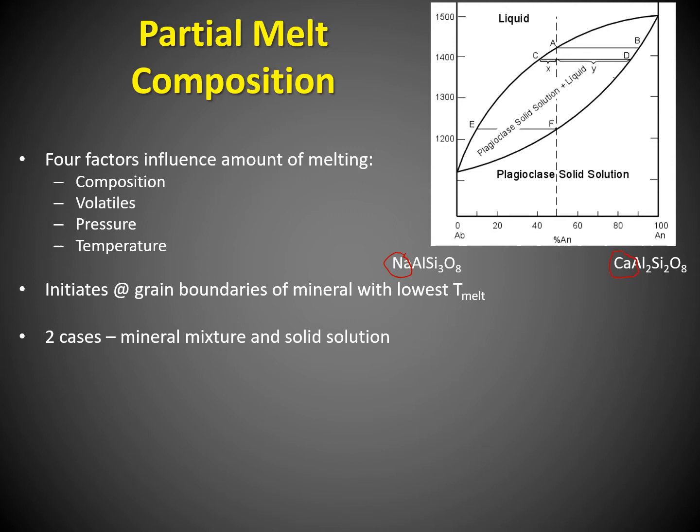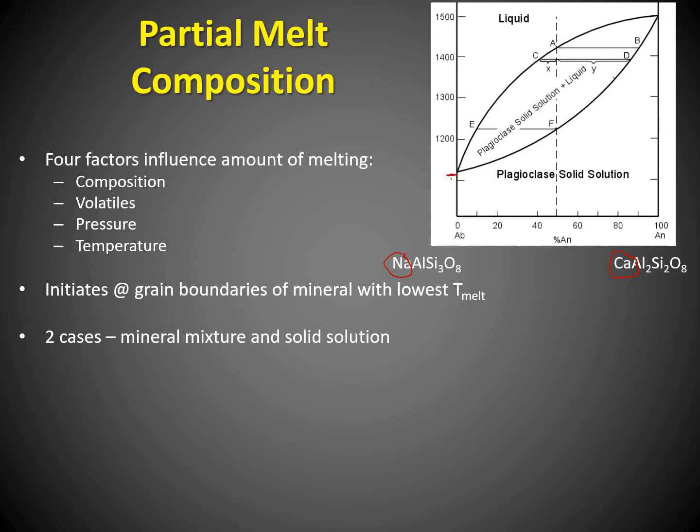And as it turns out, if you look, if it's purely sodium, you can see that its melting temperature is fairly low, around 1100 degrees. If it's all calcium, the melting temperature is up here. It's pretty high, right? Looking at 1500 degrees. So the bonds that are holding the sodium are much weaker than the bonds that are holding the calcium.